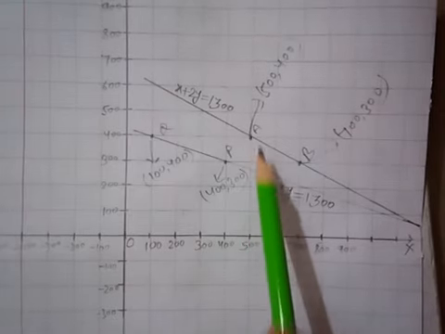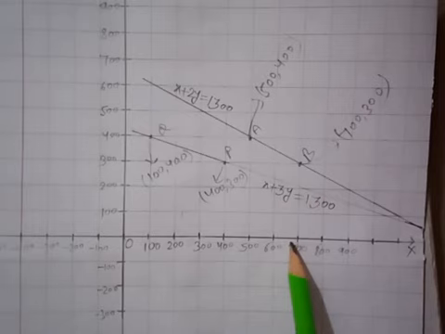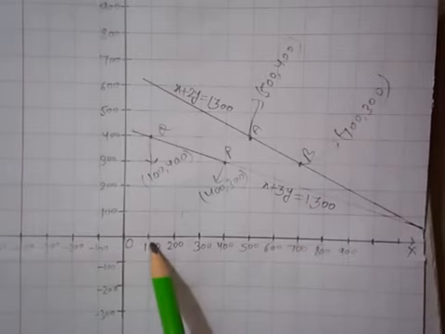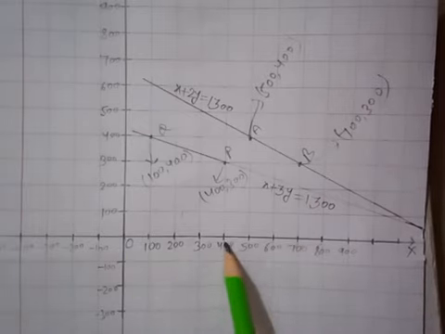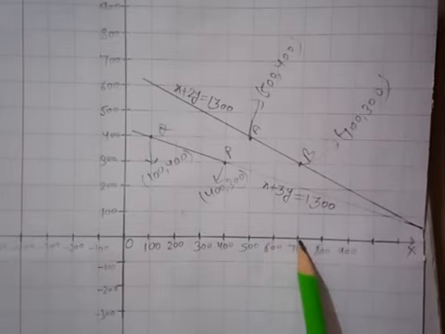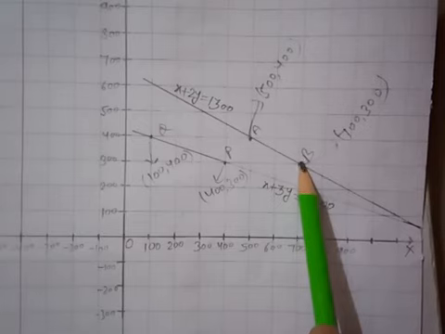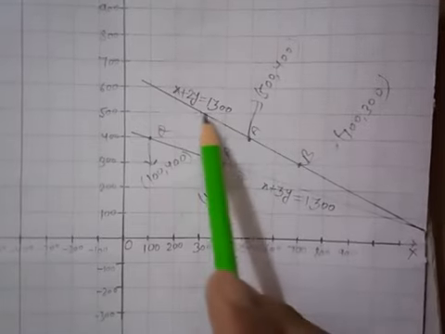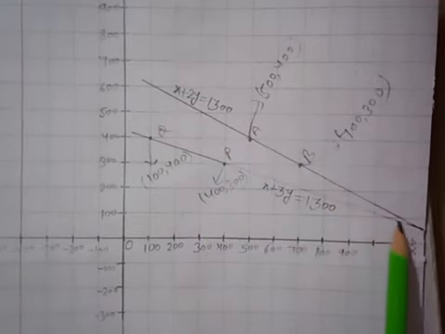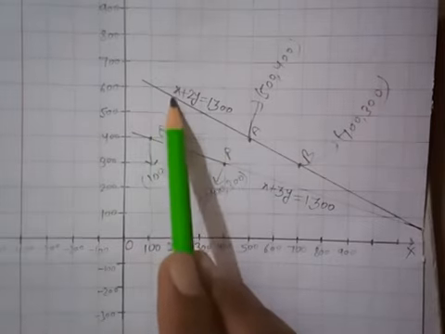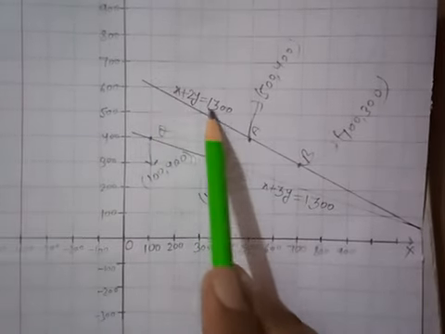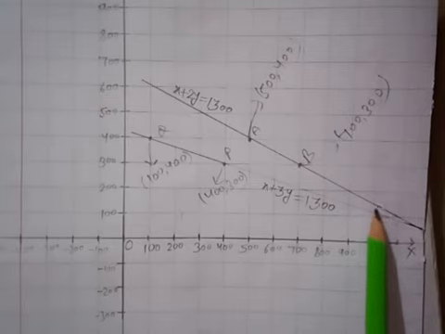This is point A. Now point B is 700 comma 300. Start from here, 1 2 3 4 5 6 7, and y is 300. Mark point B. Join these 2 points, we are getting a line. So this is the line for the equation x plus 2y equal to 1300.